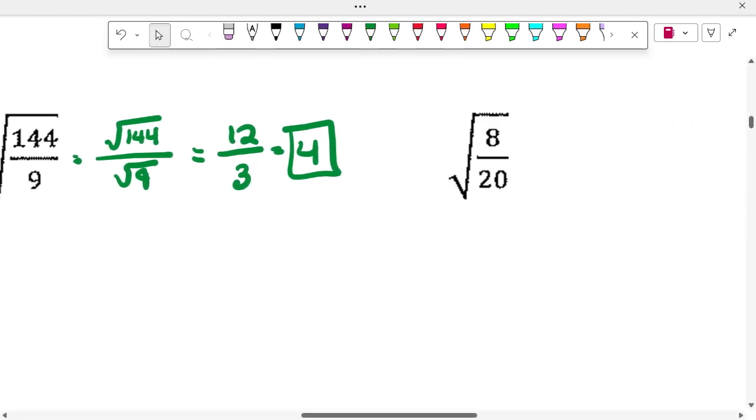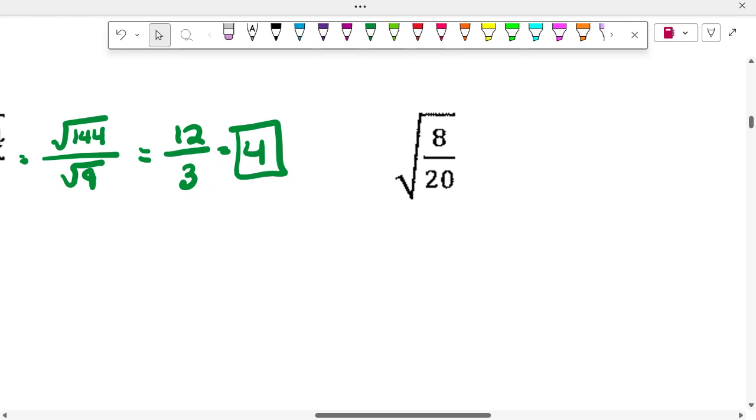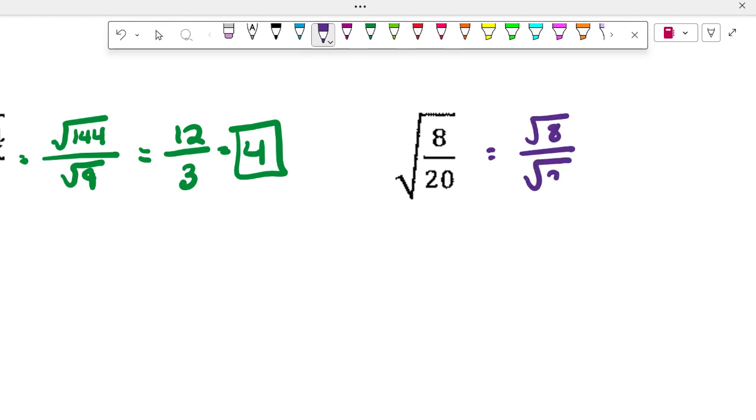Because the next one, what we got here? How would I set this up? You could simplify the fraction, but I'm going to leave it as 8 over 20 for right now. You'll see why in just a second. Make the square root. So square root of 8 over square root of 20.